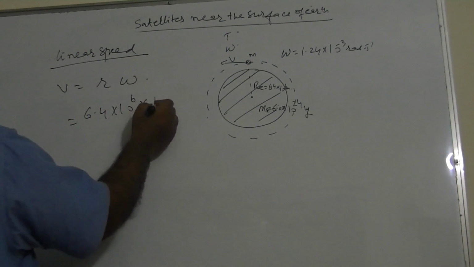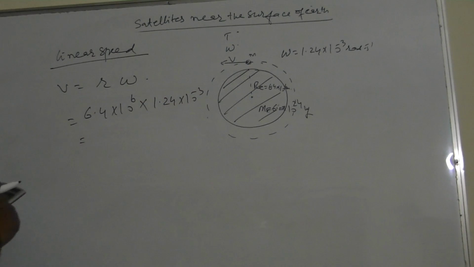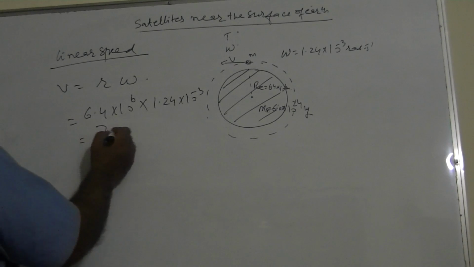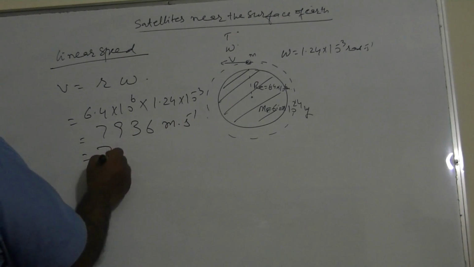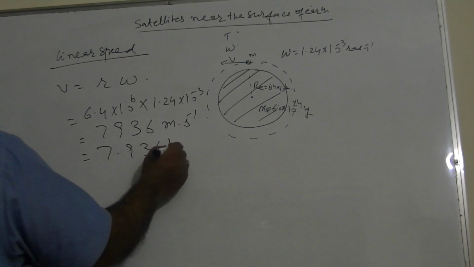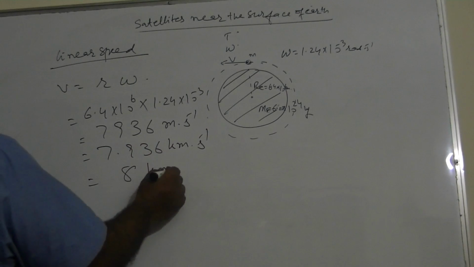Omega we have already calculated, 1.24 into 10 power minus 3. If you calculate this, it is coming 7,936 meters per second. I can write 7.936 kilometers per second, or this is nothing but 8 kilometers per second.